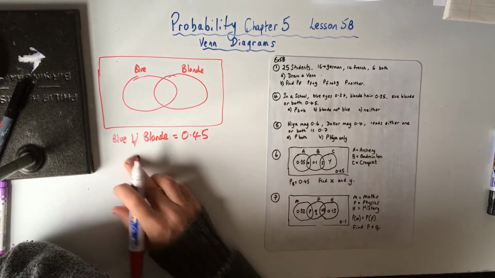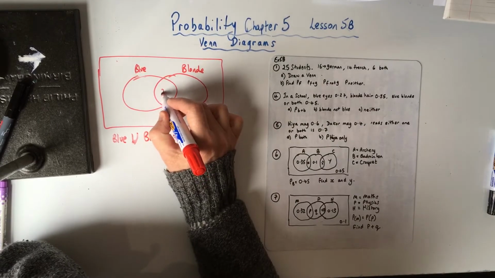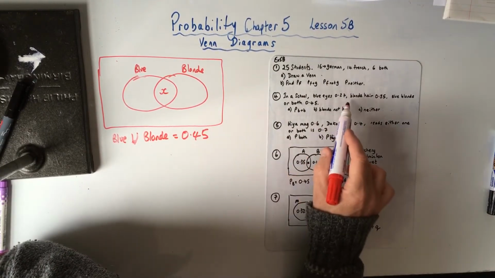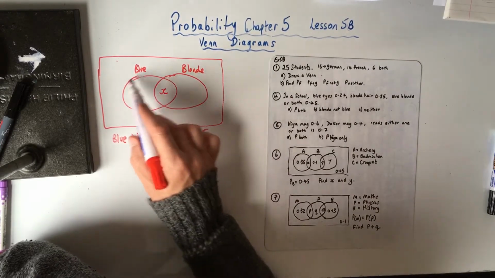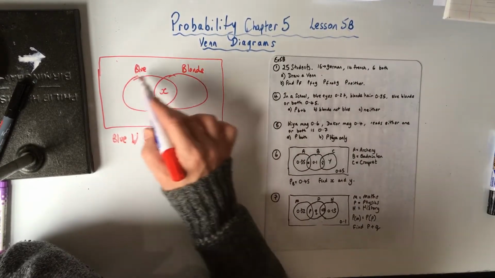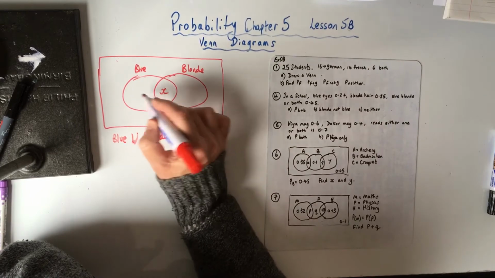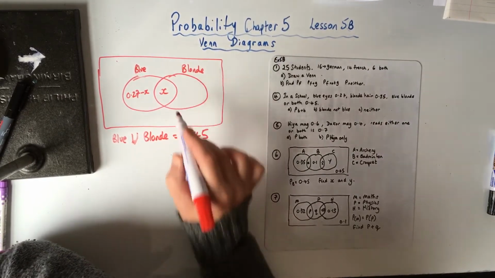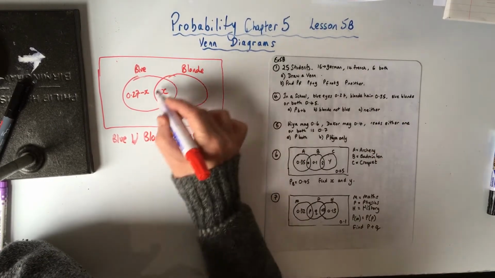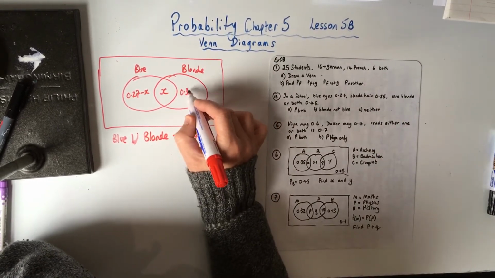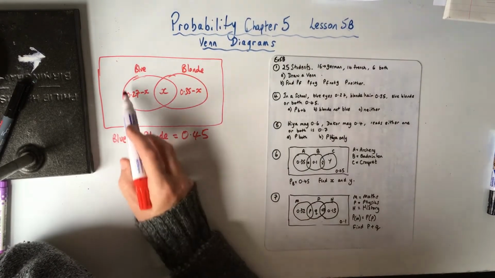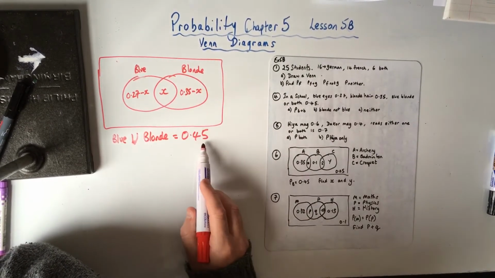Okay, so the little trick here is you just create an equation, you call that x. Now you know that blue eyes is 0.27, so all of that is 0.27. So this bit here, of course, is 0.27 minus x. And this bit, the blonde hair, is 0.35. All of that is 0.35, so 0.35 minus x. Okay, so now all of that added together is 0.45.